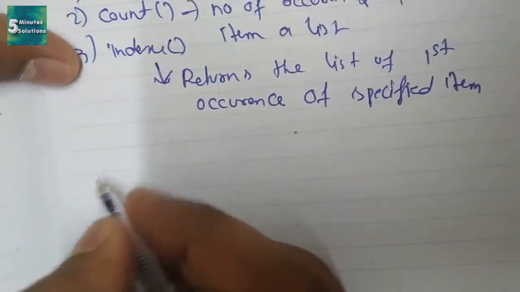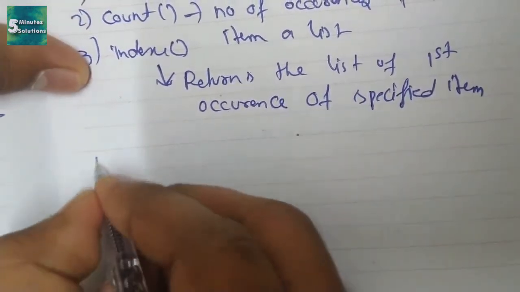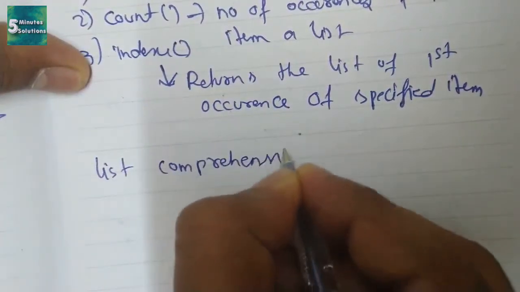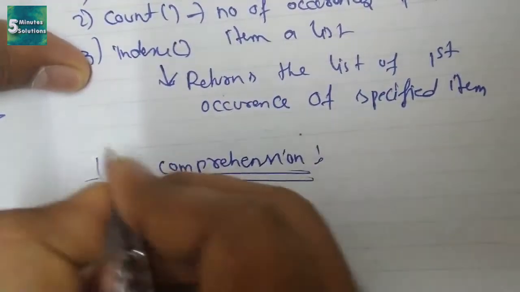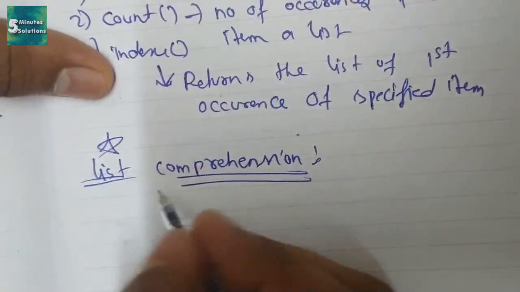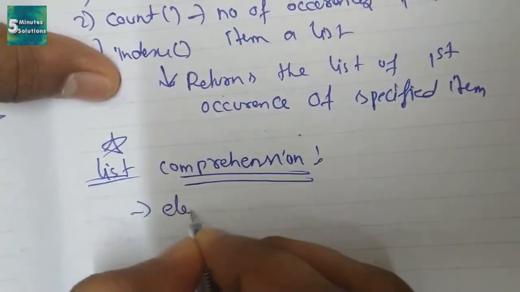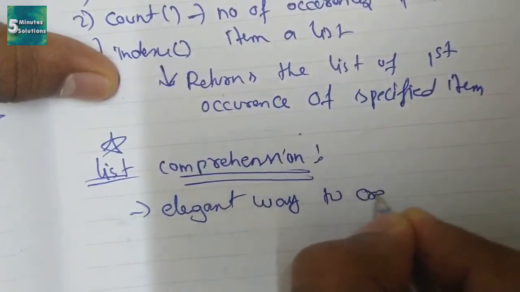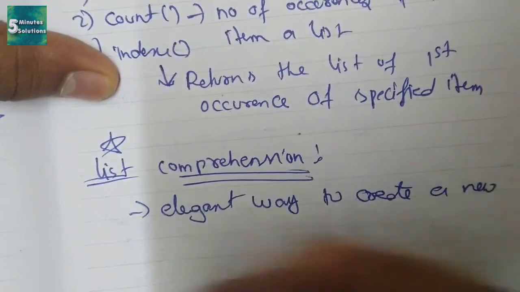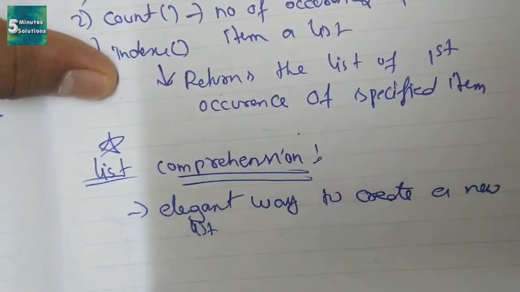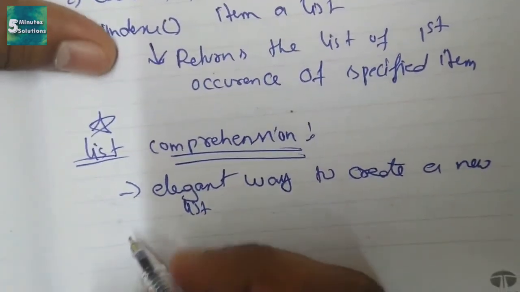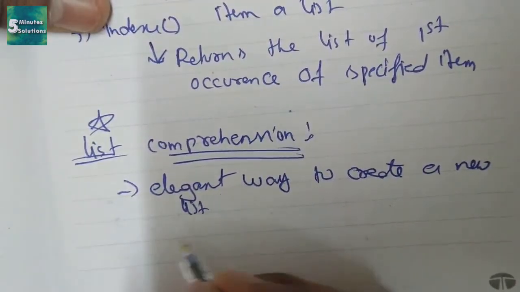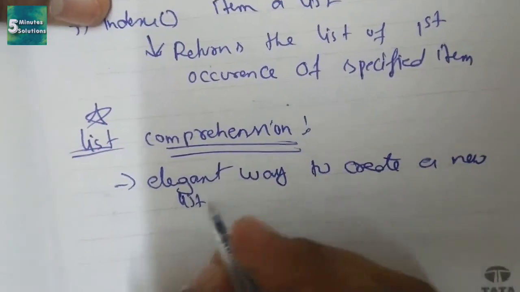Now, in Python lists, there is a thing called list comprehension. This is the most important one. List comprehension is an elegant, easy and efficient way to create a new list. Let's take an example of a list with each item being raised to a power of 2.